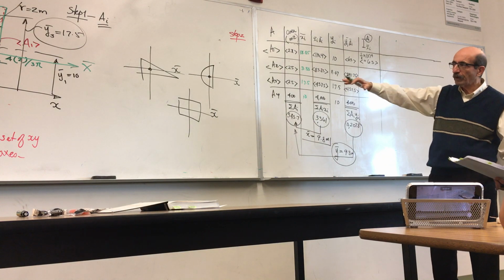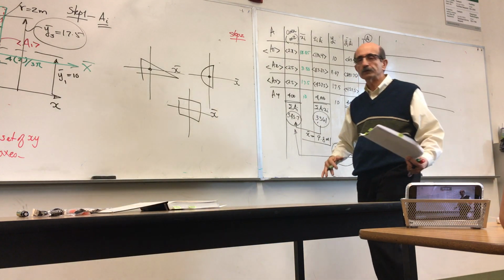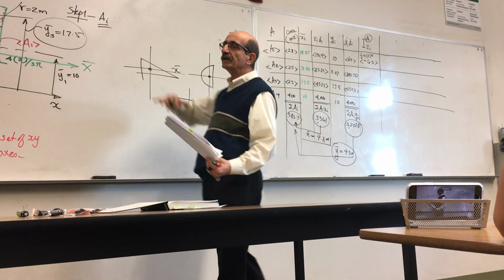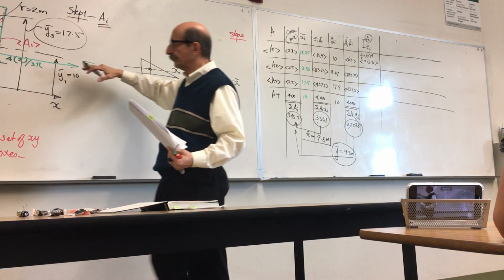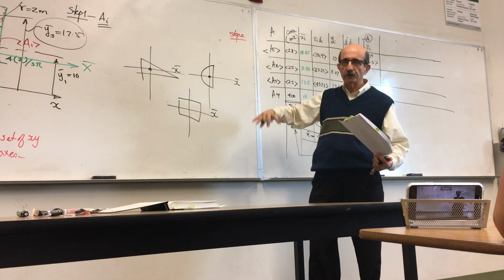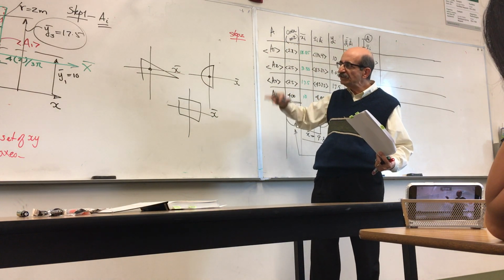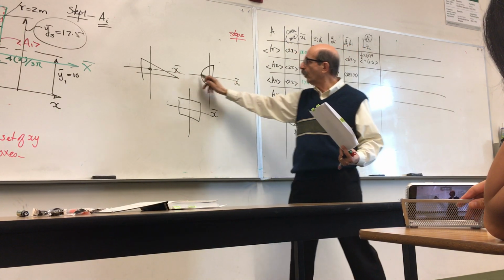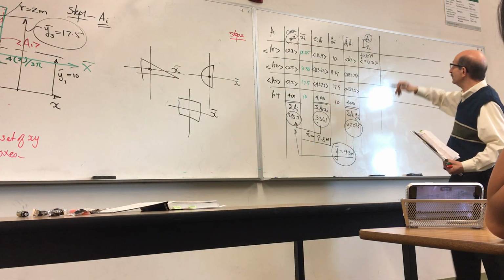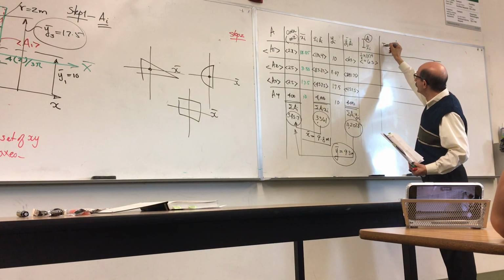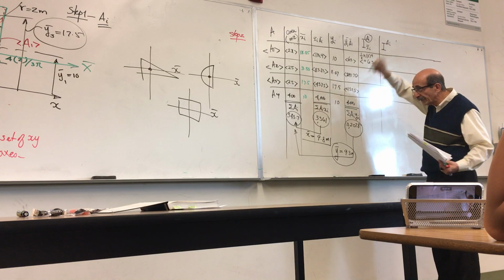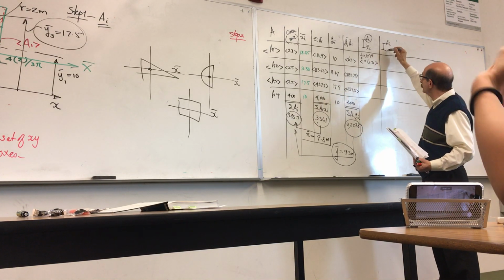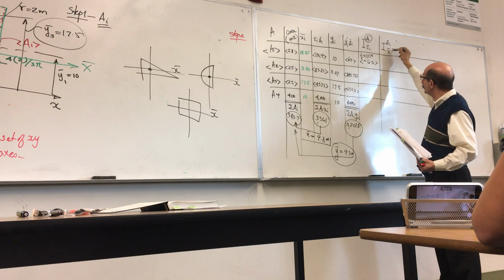So what we are trying to do now is to find a moment of inertia of this whole shape about this axis. So I'm finding first the moment of inertia of each shape about its own x-axis, and then I form another column, which is a moment of inertia of that same shape about this new axis.